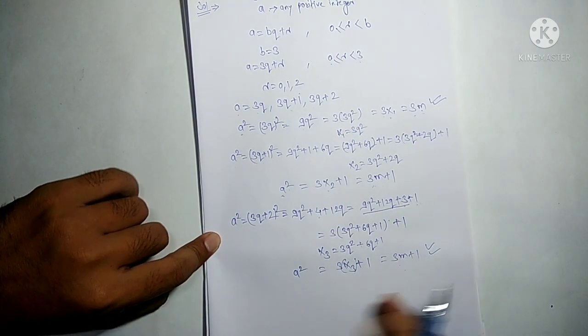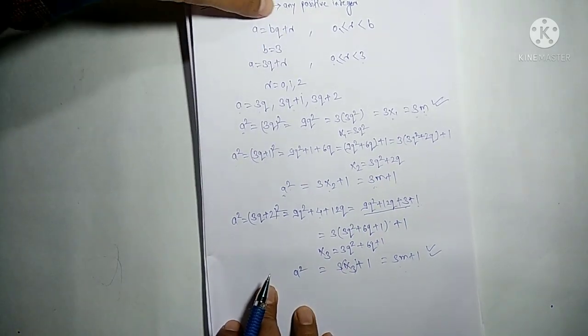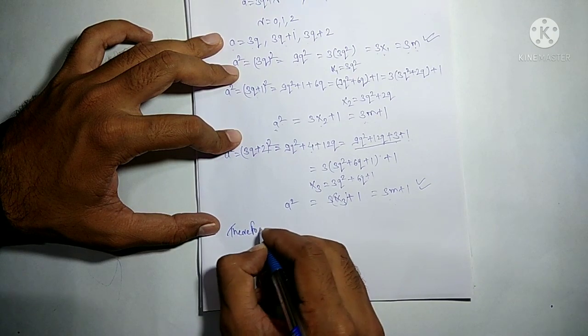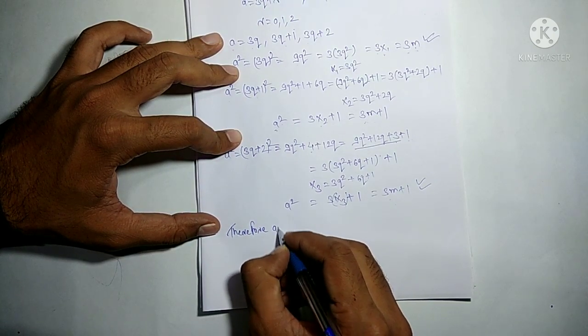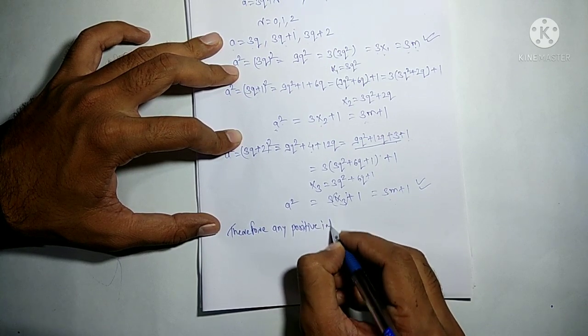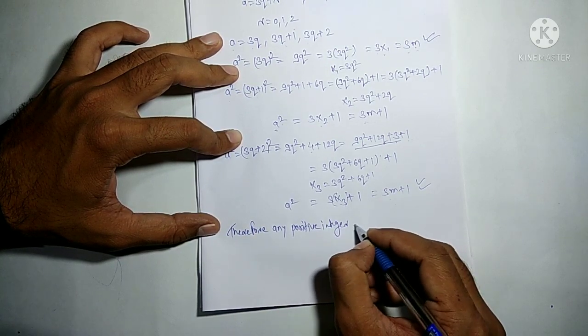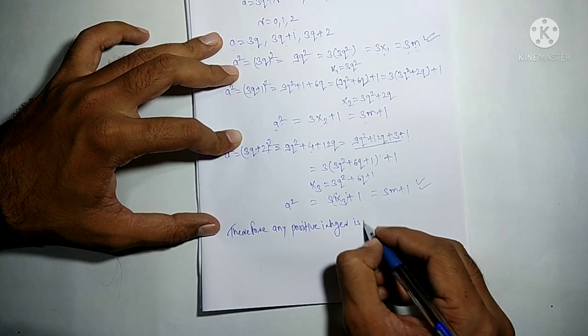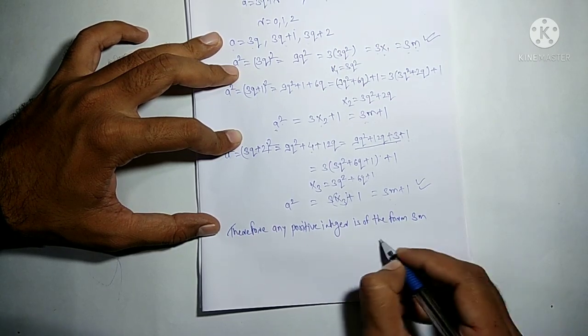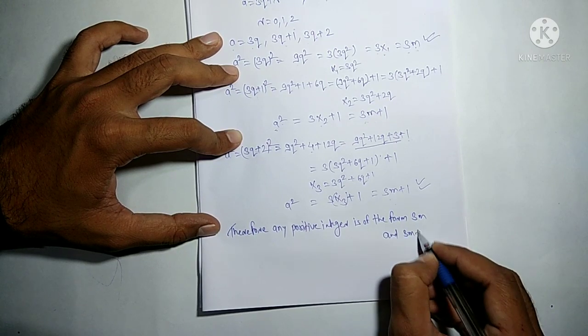It is proved. Therefore, any positive integer is of the form 3m or 3m + 1.